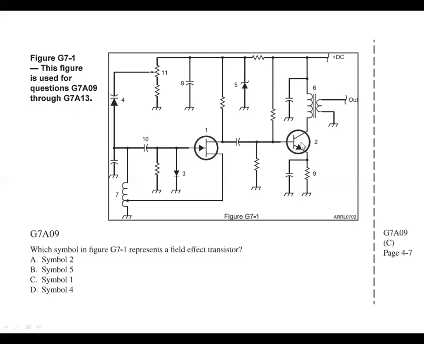Just because you've studied, you know that this is a field effect transistor, which is what they're asking about. So the answer would be C. Number 1, that's a field effect transistor. This is a bipolar junction transistor, and you can tell by that kind of represents the drain in the transistor. So it's just recognizing the difference of the 2.